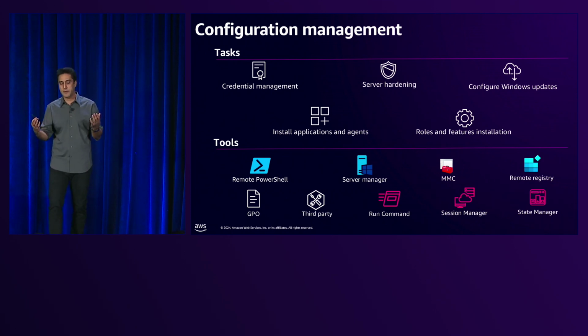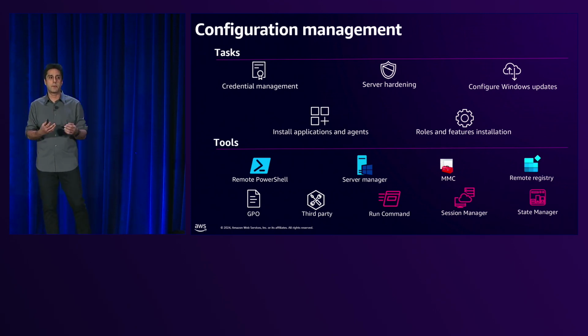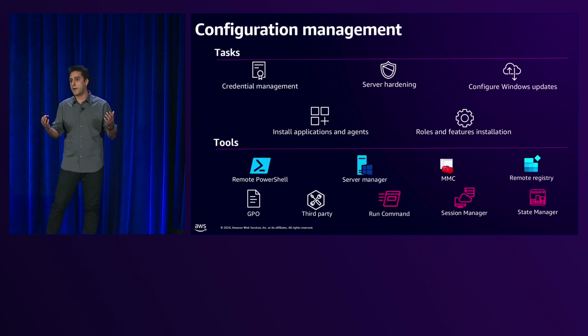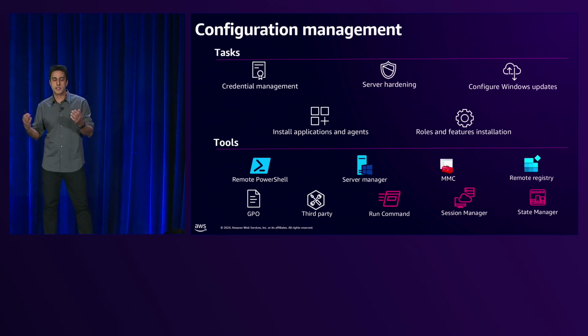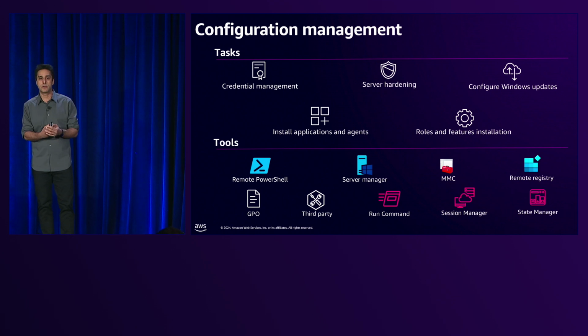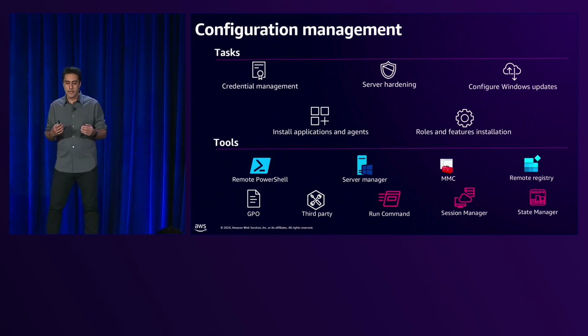But also, AWS Systems Manager comes with different capabilities which helps with these. For example, AWS Systems Manager Run Command allows you to run commands on your instances at scale for both Windows and Linux instances. And Session Manager gives you interactive access to your instances through remote PowerShell. And State Manager is another tool which is a part of Systems Manager, which I want to highlight within the next slide.